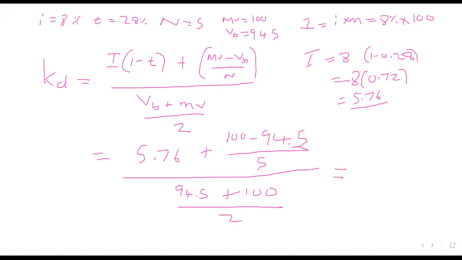So this ultimately gives you 7.05. This is the way we even calculate the yield to maturity, YTM, similar. So this is how we get the cost of the bond.